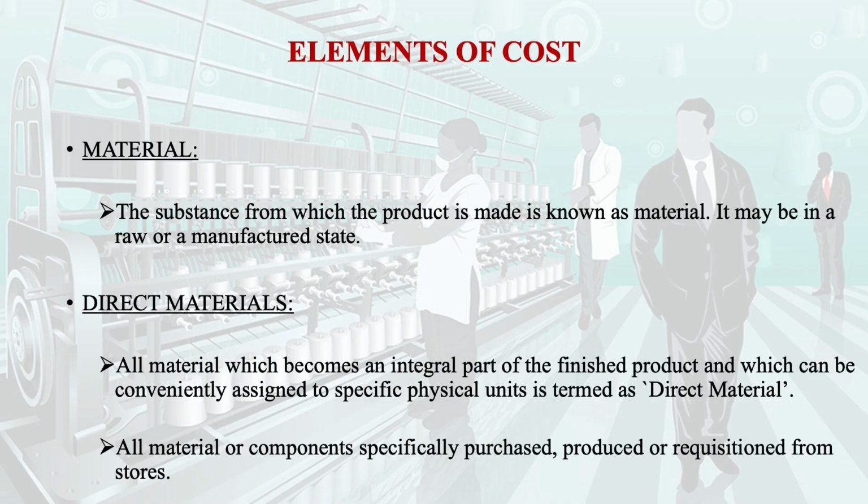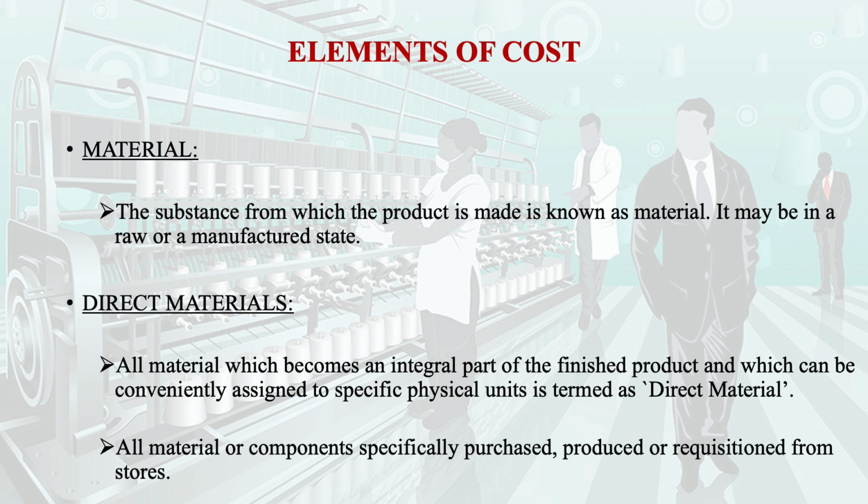The first one is called the direct material. Suppose we talk about a laptop or mobile. The material from which this mobile or laptop is made is called the direct material. That means all the materials which become an integral part of a finished product and which can be conveniently assigned to the specific physical unit are termed direct material.